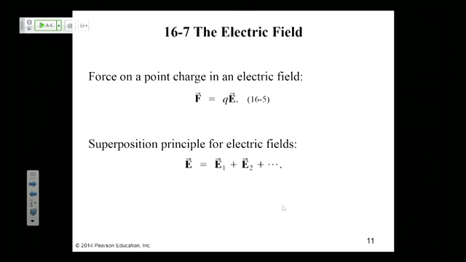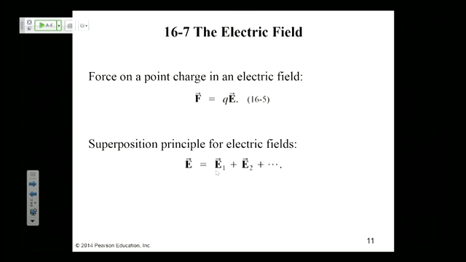If you have several charges and you are asked to calculate the electric field due to these charges, you need to apply the superposition principle, which means you calculate the field due to the first charge, the field due to the second charge, to the third charge, and then you use vector algebra to find the resultant electric field.